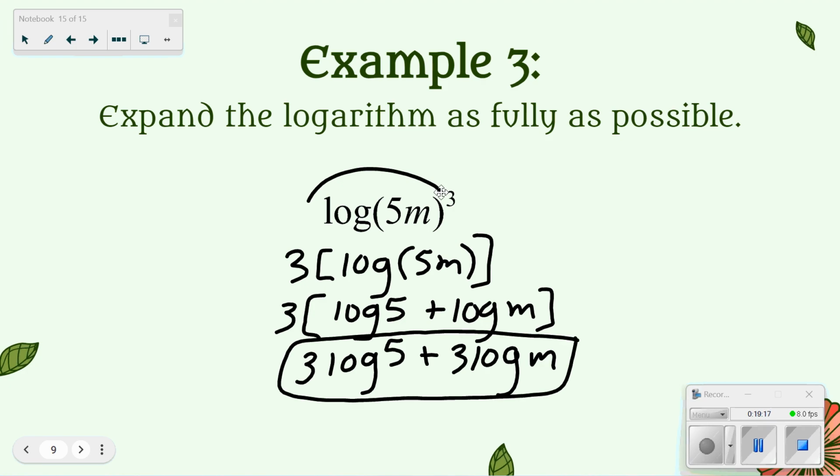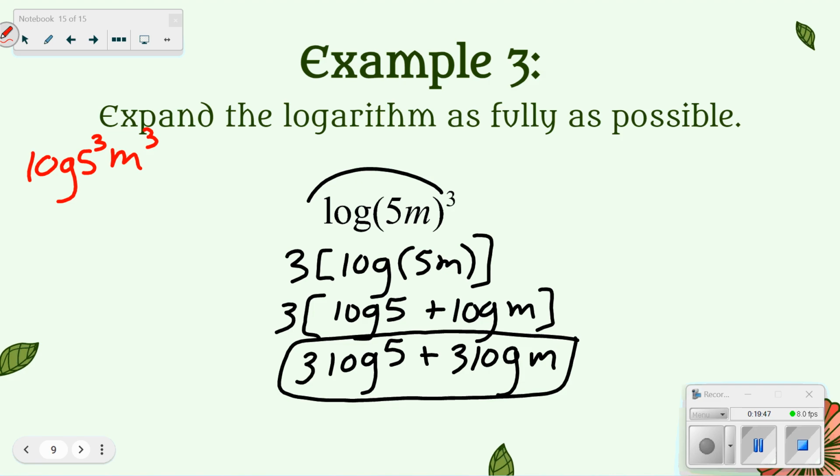Like I said, there's going to be multiple routes to doing this. Your other route, if you wanted to do the addition piece first, would be to apply the 3 inside your parentheses at the beginning. So you'd have log of 5 to the 3rd and m to the 3rd, then you break it apart with addition, and then you move your 3 out front.